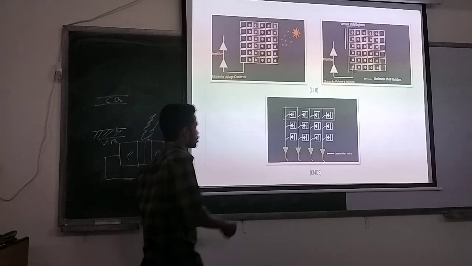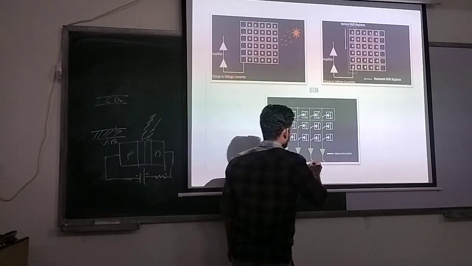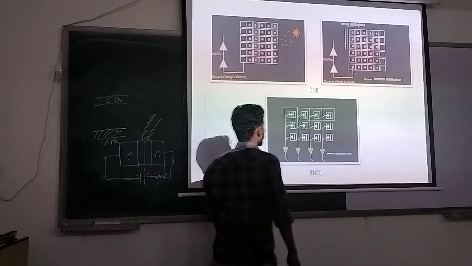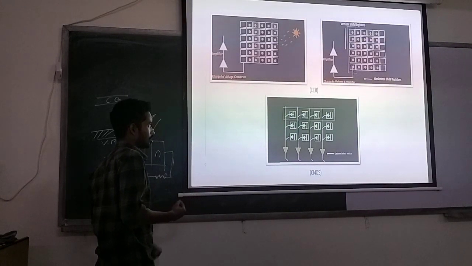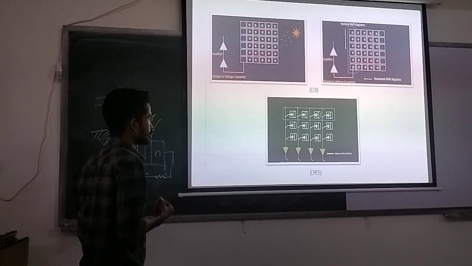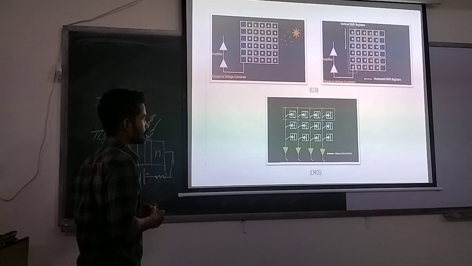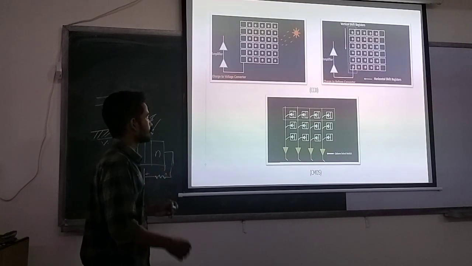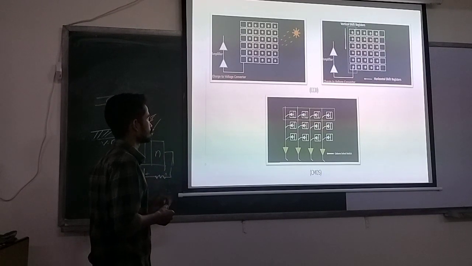In a CMOS, the light to charge conversion and amplification is done in the pixels themselves. So the processing speed of CMOS is very fast compared to CCD, the power consumption is less than CCD, and it is also comparatively smaller in size.